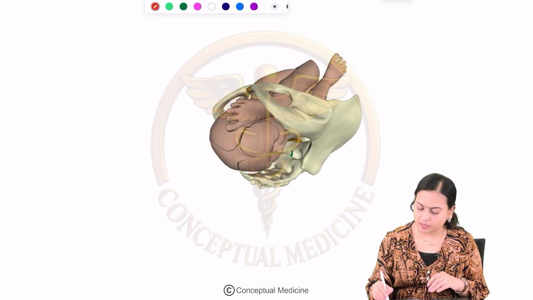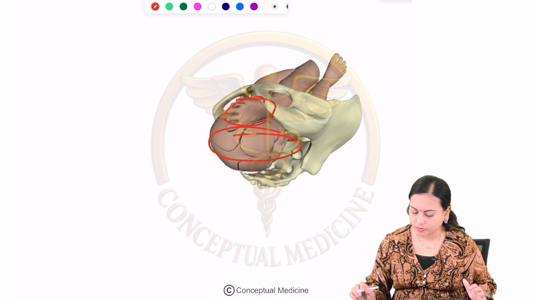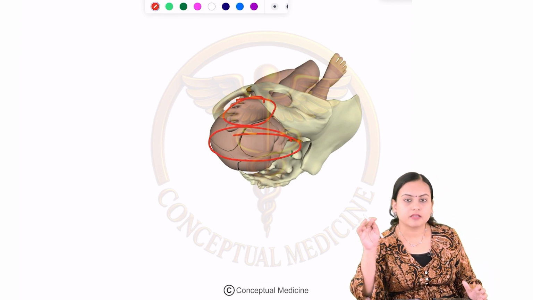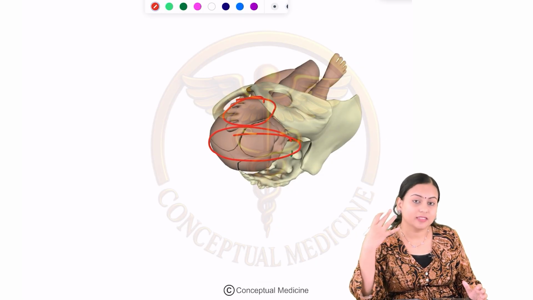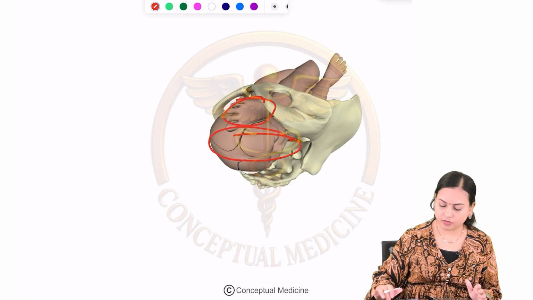You will be having the head also along with the hands. So this is a leg they have shown here. When you do a per vaginal examination, you will be able to palpate the fetal head as well as the extremities together, right?